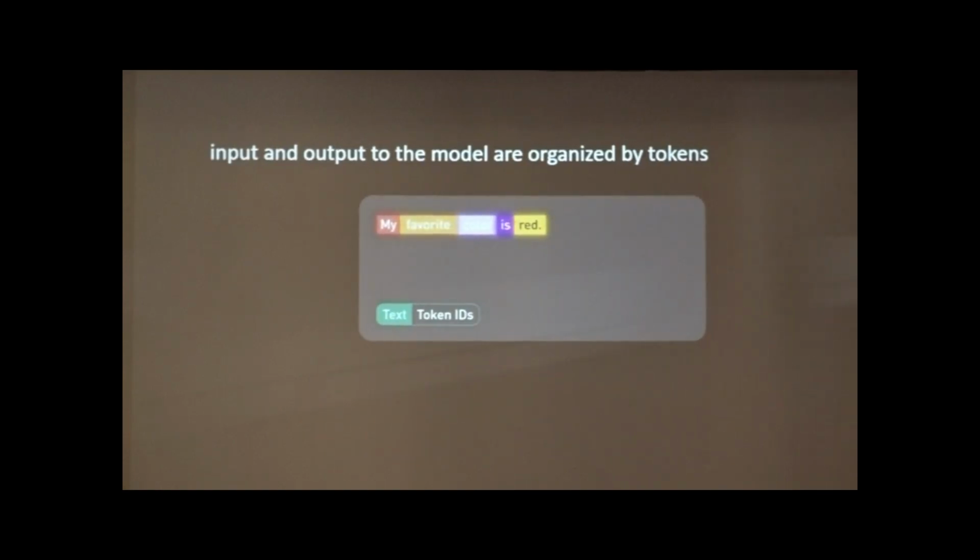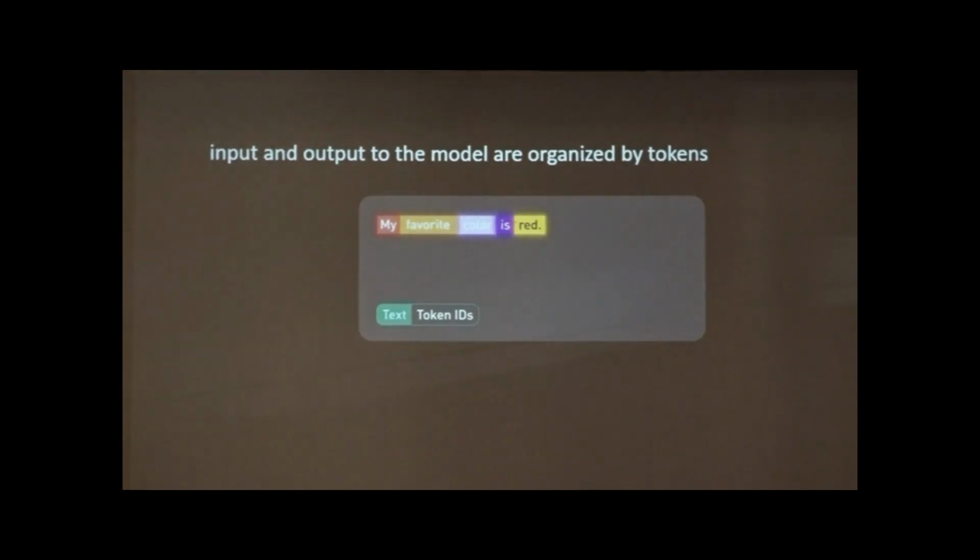Okay. How will these models work? These models' inputs and outputs are organized by tokens. I am giving you the summary and will take you through the concept. In these models, both the inputs and outputs are processed in terms of tokens. Whatever sentence is given, here I took the sentence, my favorite color is red.